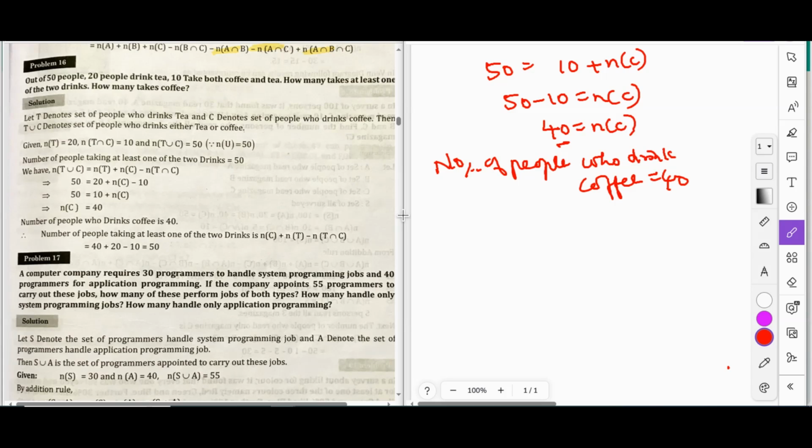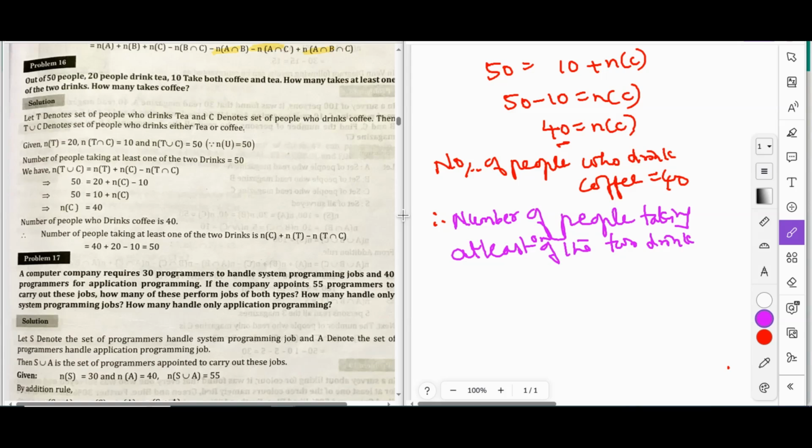At least one of the two drinks means union. Therefore, the number of people taking at least one of the two drinks will be n of C plus n of T minus n of T intersection C. Here n of C is 40, n of T was 20, then minus the intersection.